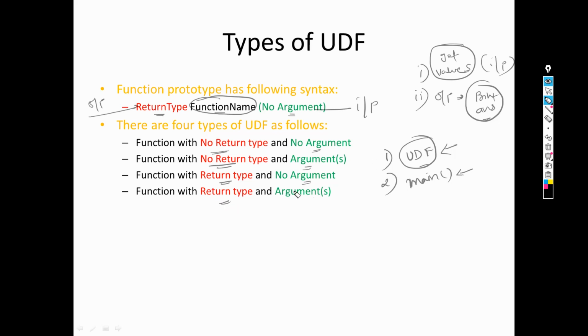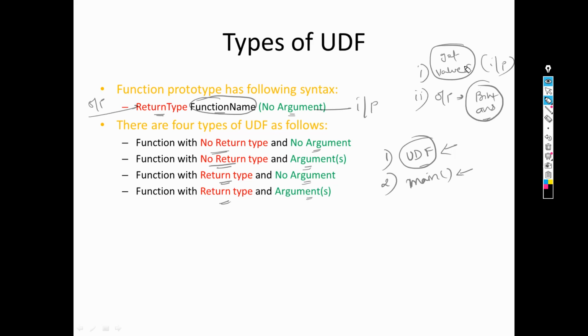And last is return type and argument, meaning the user defined function is taking the value and also giving the value to main. Keep in mind that we are supposed to perform two operations: one is scanning, meaning taking the value from the user, and second is printing the answer so that the user is able to see the answer.